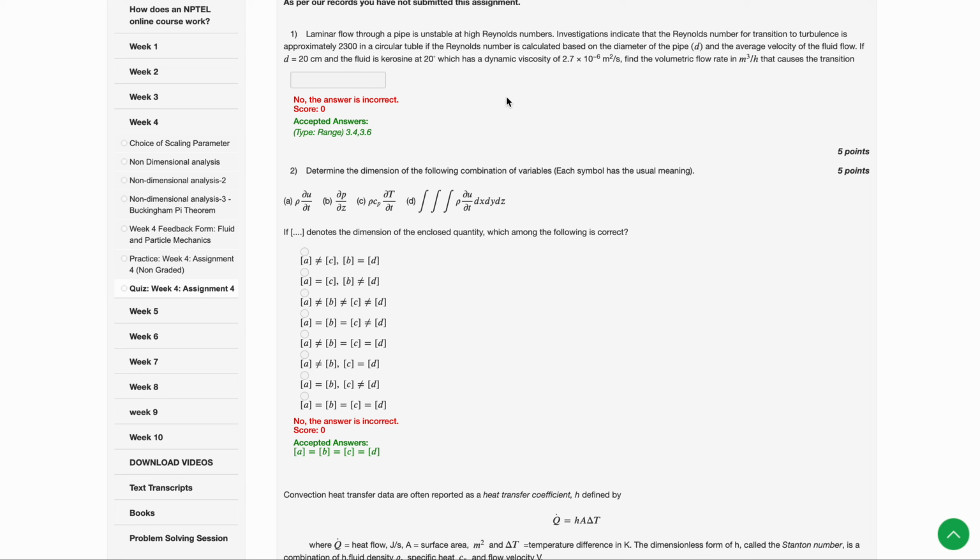Here the one mistake in the question is that it says dynamic viscosity, but it should be kinematic viscosity, because the unit is meter square per second. Meter square per second is the unit of kinematic viscosity, not dynamic viscosity.